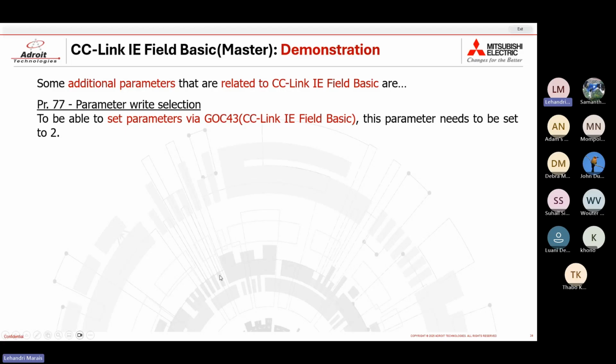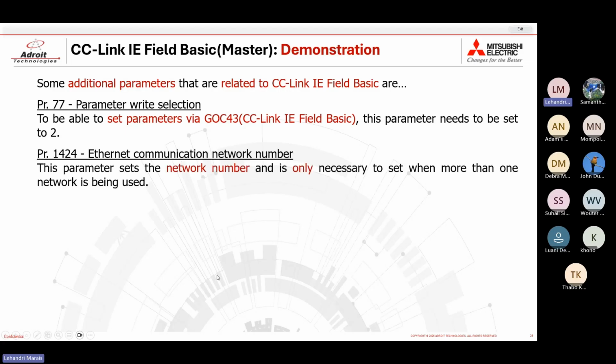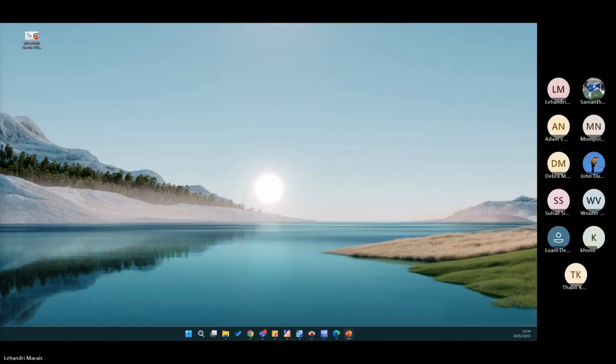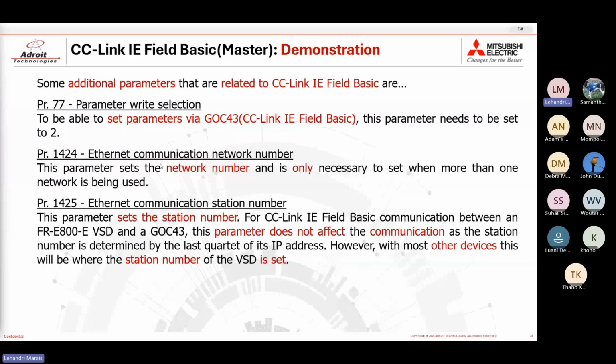If you want to be able to write parameters from your GOC to the VSD via CC-Link iField Basic, you will have to set this parameter to 2. Next is the Ethernet communication network number, and this is mainly required when you have more than one network. And last but not least, the station number.